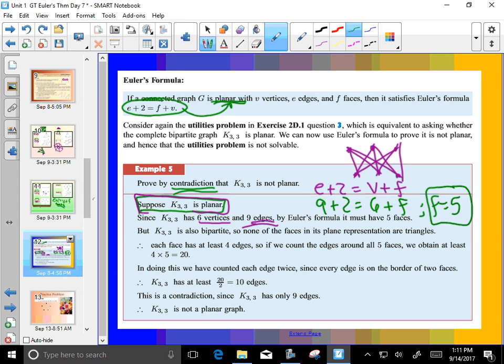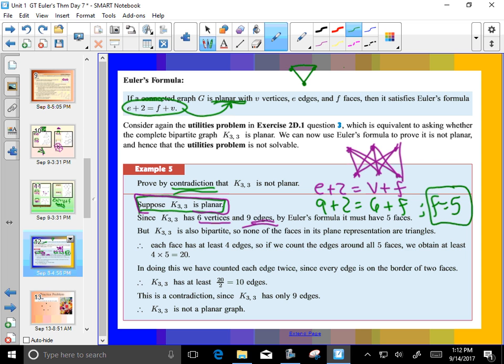So if there's 5 faces, this should work out. Well, here's where the rub is: if you put a bipartite 3 by 3, none of the faces in the plane are going to have triangles. So let's go back here. Let's say we had a 2 by 1. There's 2 faces, how many edges to that face? 3.